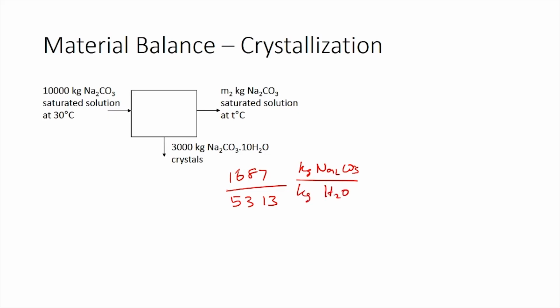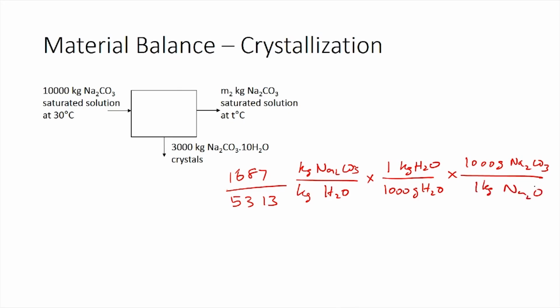Now, first thing we need to do is convert these kilograms into grams. So that we can do by 1 kilogram of water divided by 1000 grams of water, times 1000 grams of Na2CO3 divided by 1 kilogram of Na2CO3. By doing this, we would get the solubility in terms of grams of Na2CO3 per gram of water.